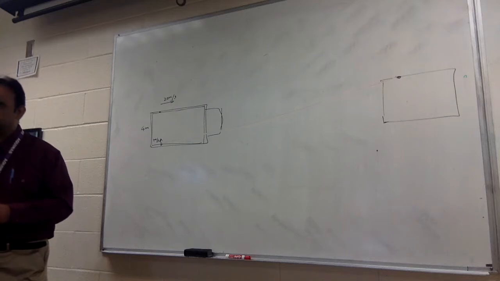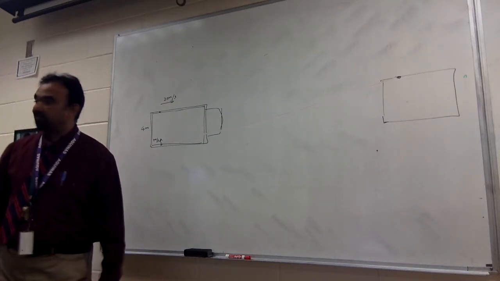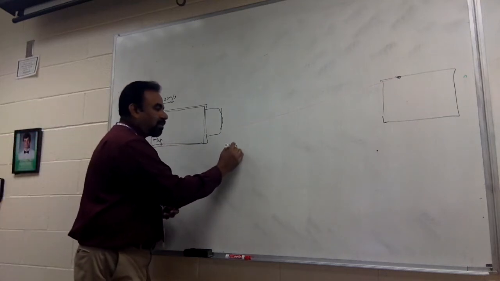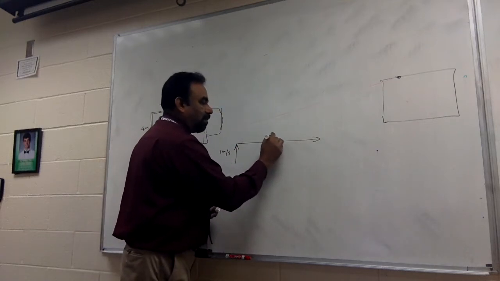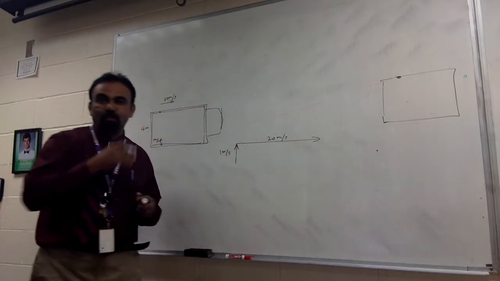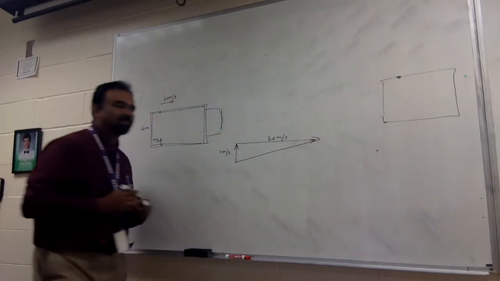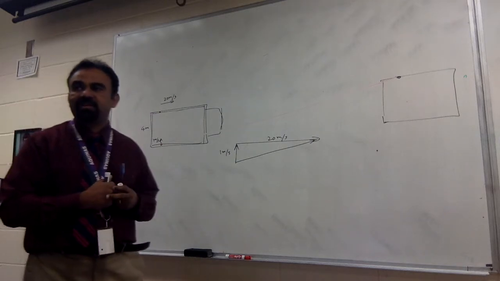At what speed? What is your speed going to be with respect to the bird's eye? You are going 1 meter per second. The truck is going 20 meters per second. So what is your resultant speed? Everyone, punch the buttons, get the answer.